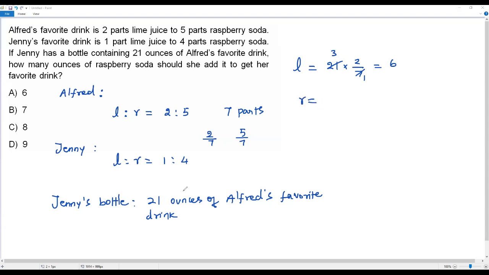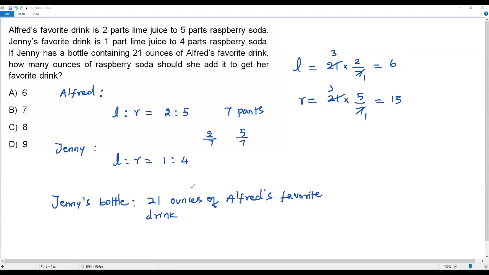And to get the number of ounces of raspberry soda in these 21 ounces, we multiply 21 ounces by the fraction for raspberry soda, 5 over 7. 7 goes into 21 3 times, so 3 times 5 is 15. So we have 6 ounces of lime juice and 15 ounces of raspberry soda in these 21 ounces. If you add them, you'll get the total 21 ounces.